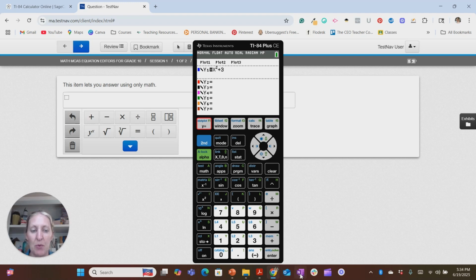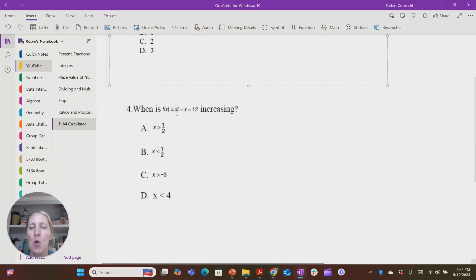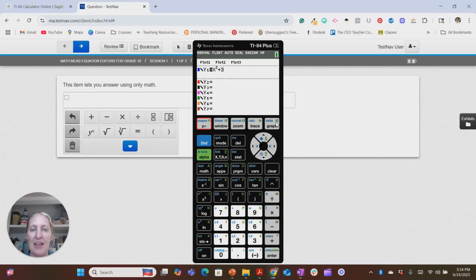The next question that we're going to look at is, when is x squared minus x minus 12 increasing? So this is another really great problem. So again, I'm just going to hit my y equals.